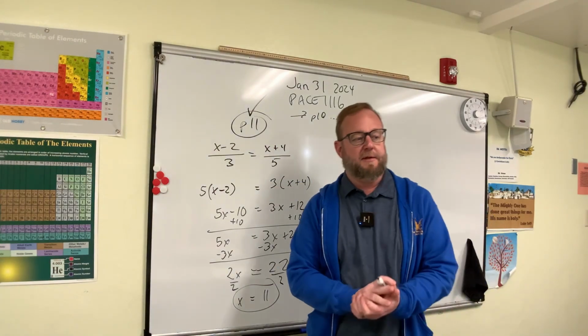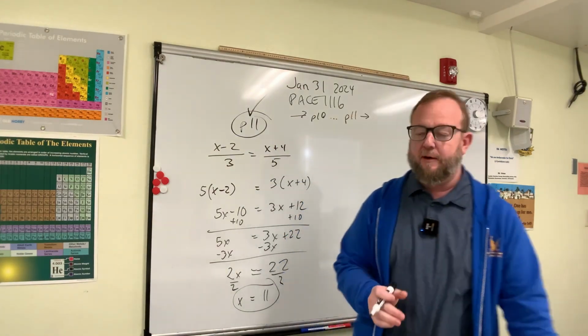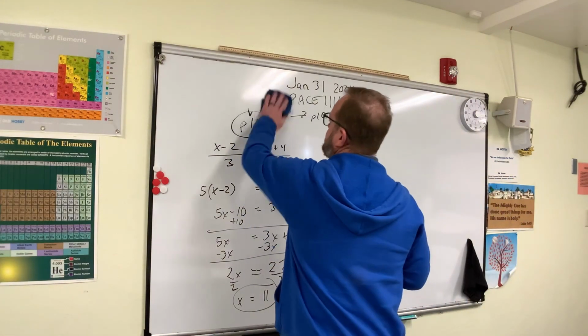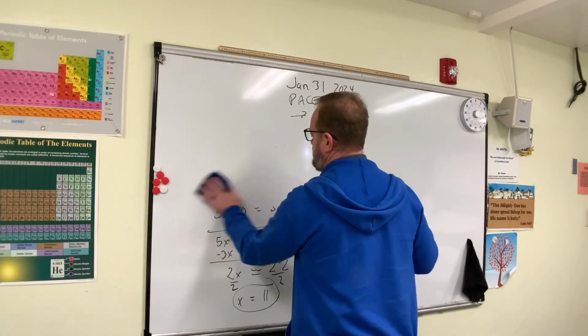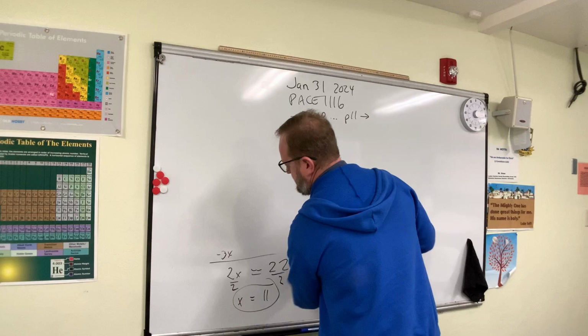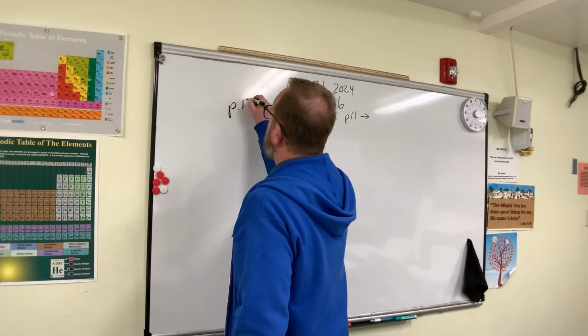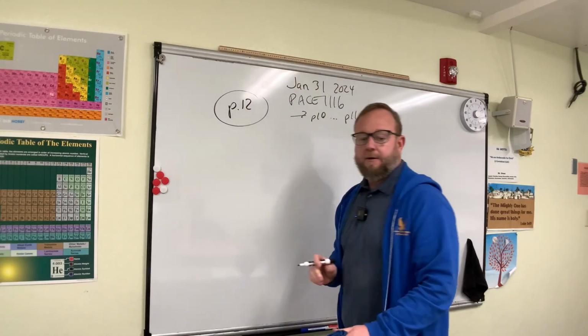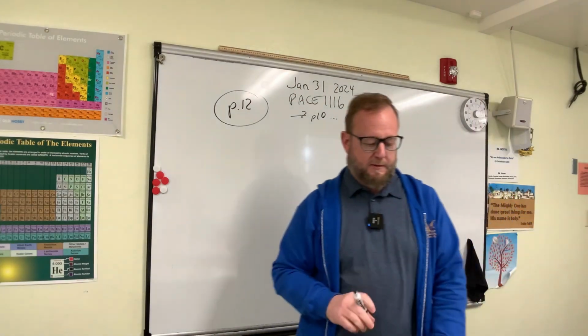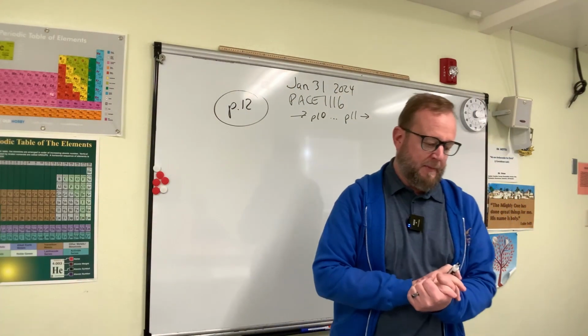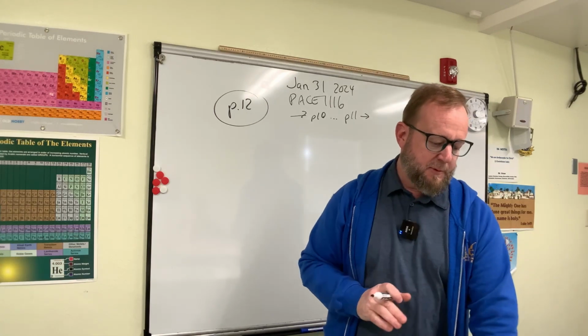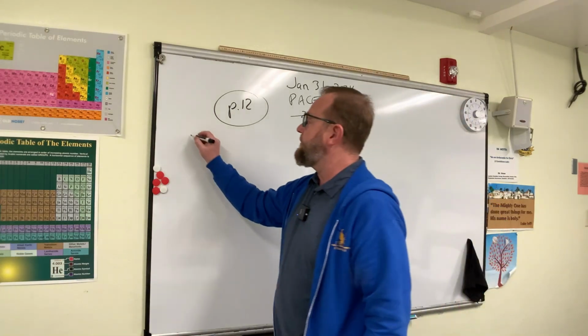Now we get to move on to the next page, page 12. On page 12, what do we find? The second half of the checkup. Problem 27 at the top, so number 27.